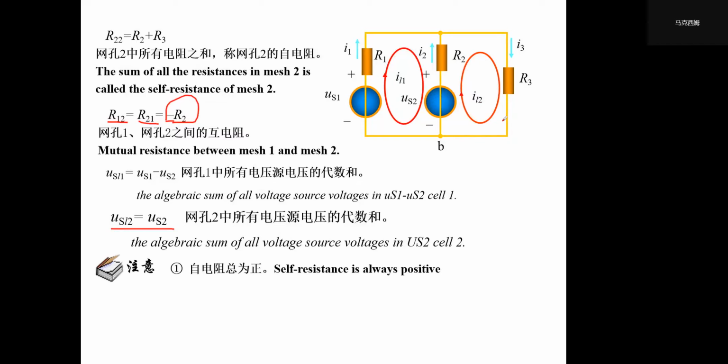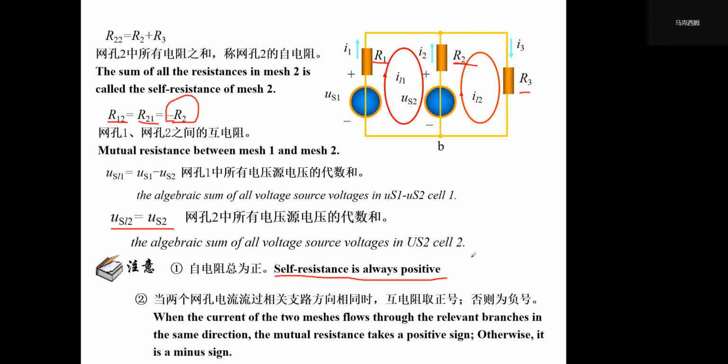And do remember that self-resistance is always positive. For self-resistance, the first one, R11, is R1 plus R2. And for mesh 2, its self-resistance is R2 plus R3, and it's always positive. And the mutual resistance, or the common resistance, could be negative or positive.